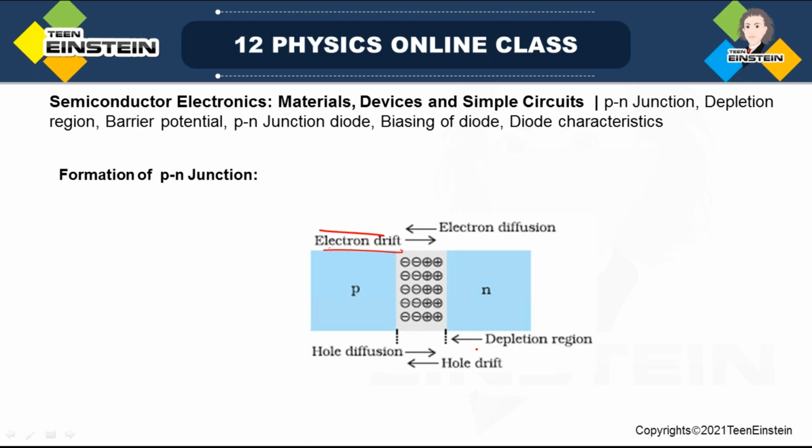Okay, so there are two currents developed across the junction. One is the diffusion current, another one is the drift current.